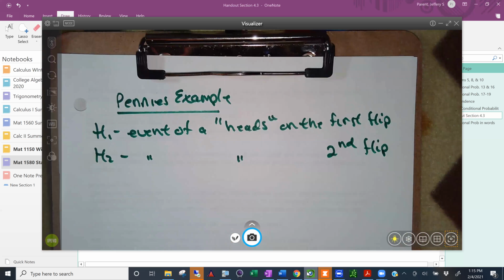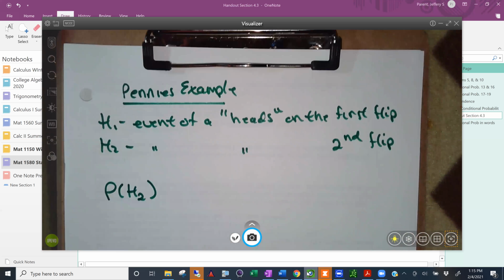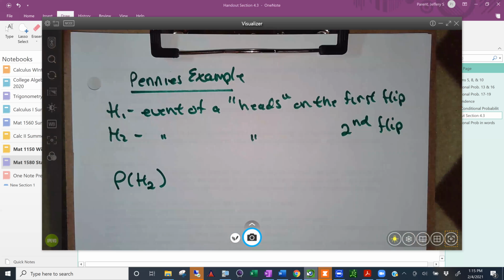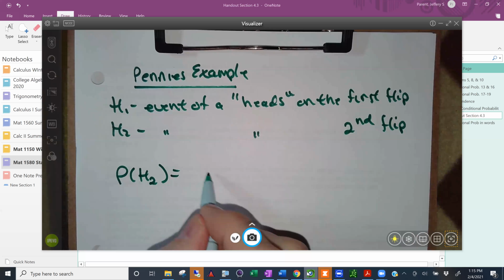And I want to calculate a couple probabilities here. Which probabilities do I want to calculate? Well, I'm going to start out with the probability of H2.